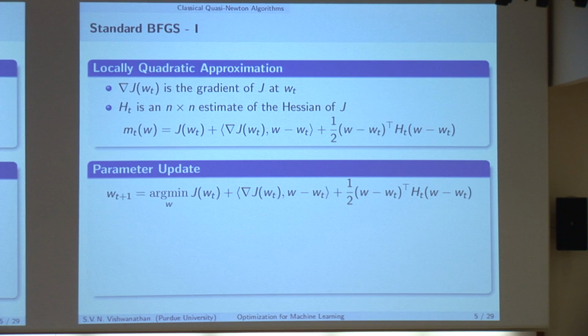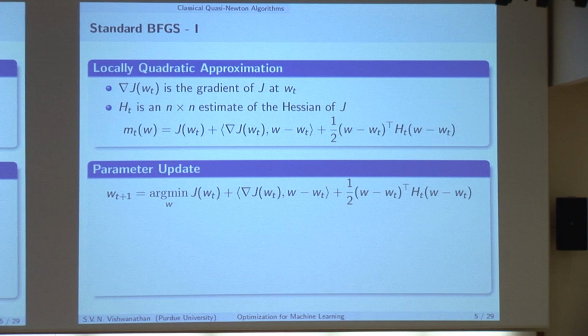Now you have this local model of how your function looks like, and what you can do is you can minimize this model and come up with a solution. Exactly the same as what we did before in bundle methods. In cutting plane methods we made a piecewise linear lower bound to the function. Here we have a quadratic model of the function, and we are minimizing it.